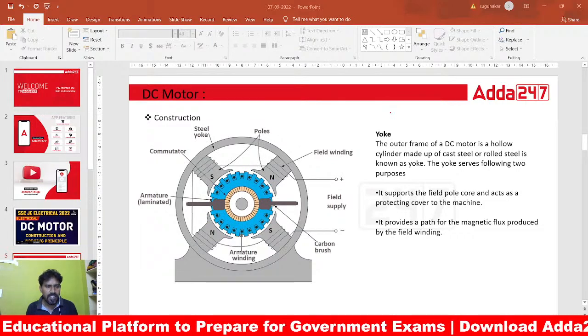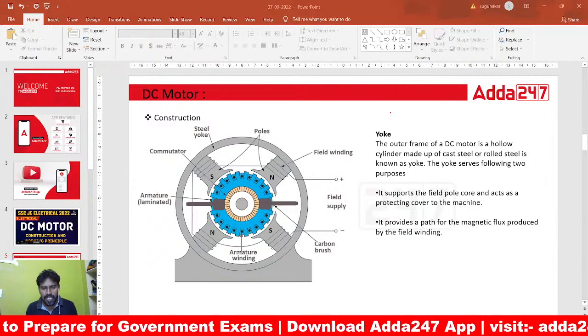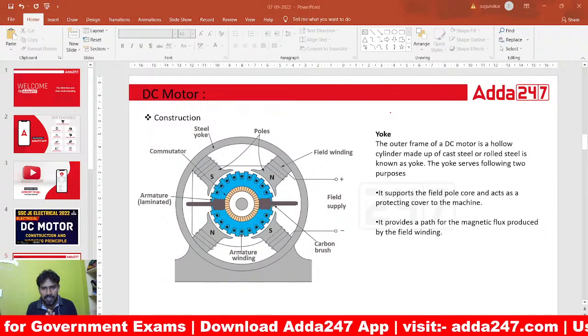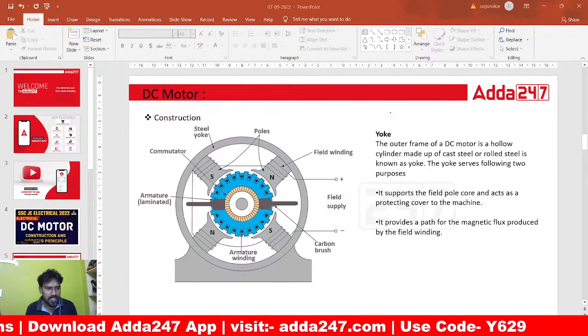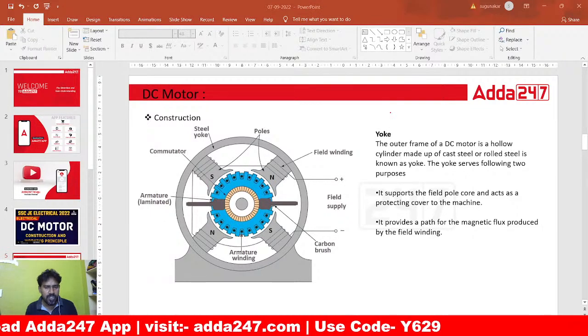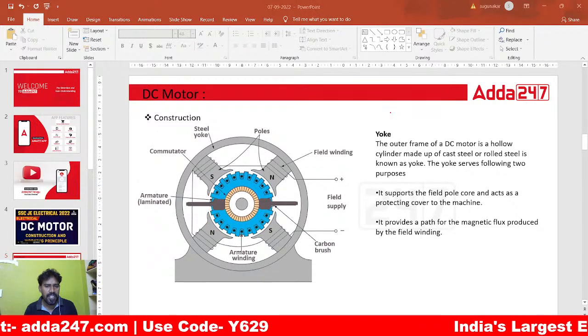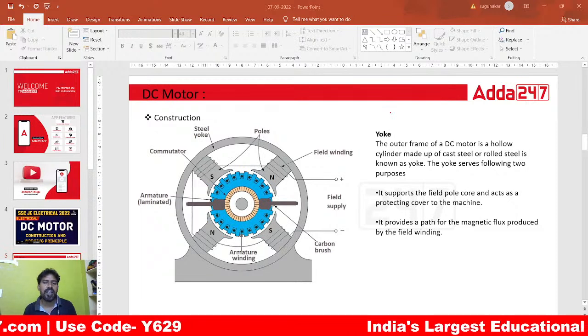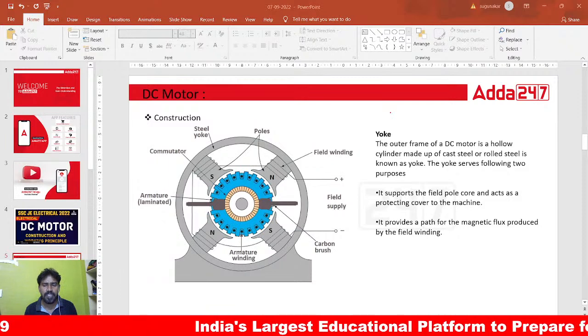When the electrical power supply is given to the field, the conductor experiences a mechanical force, and then the armature conductor will start to rotate. This is the working principle of the DC motor.